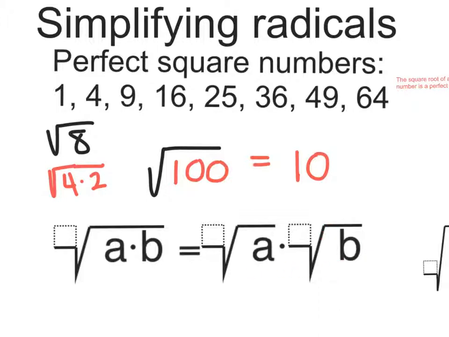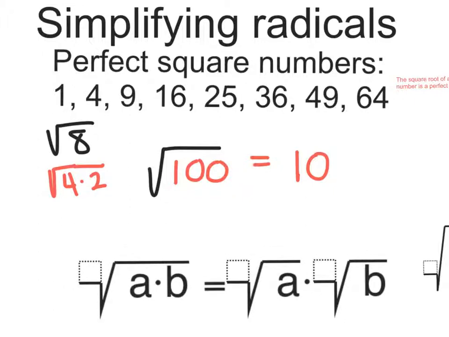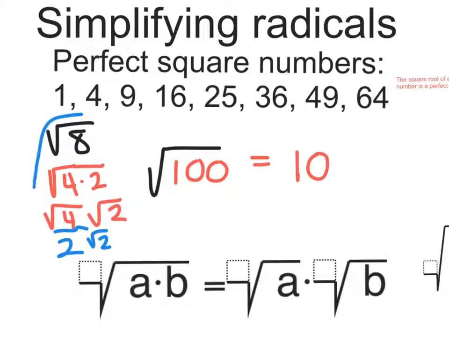And that's what we're going to do right here with the square root of 4 times the square root of 2. We're going to split the root, and we could actually do the square root of 4. That equals 2. And the square root of 2, we're just going to put it right at the end because there's nothing else to do with the square root of 2. So the square root of 8 actually simplifies down to 2 square root of 2.